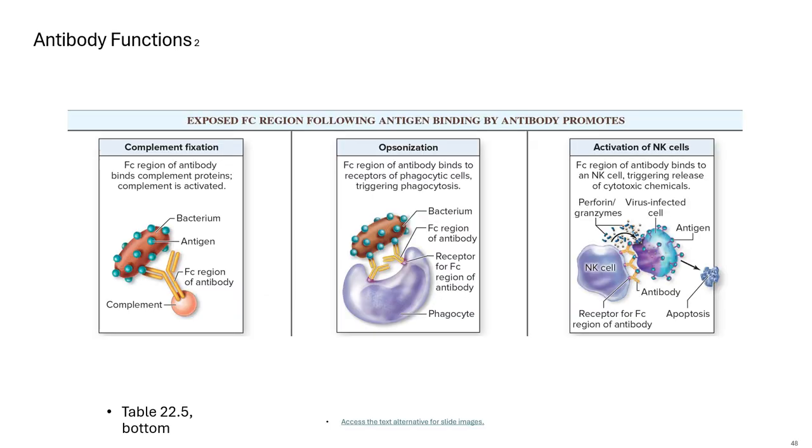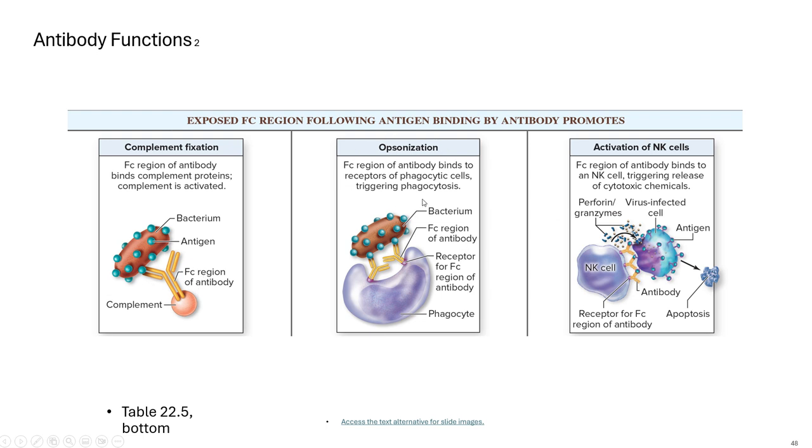One is called complement fixation. We talked about this when we did our innate immune system. We talked about the complement system, those various proteins circulating in the blood that are ultimately going to produce that membrane attack complex, right? But some of the complement proteins can bind to that constant region of the antibody, right?